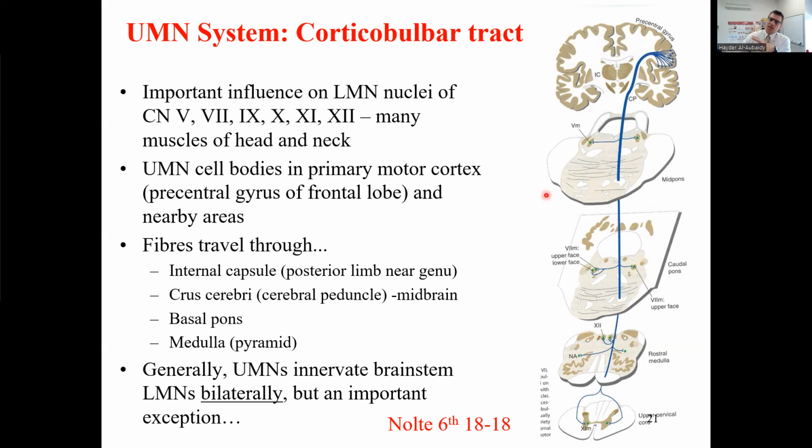But here, in the corticobulbar tract, the synapse will be at the level of the brainstem, because the corticobulbar is the pathway that is eventually responsible to activate muscles which are under the control of the cranial nerves, like muscles of facial expression, as an example.